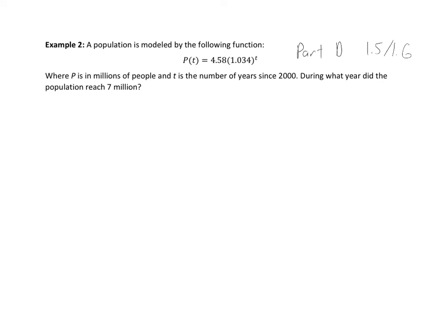And here we're saying this population is in millions, and t is the number of years since 2000. So during what year did the population reach 7 million? So what we want is P of t, the population, to be 7 million. So now we're trying to solve 7 equals 4.58 times 1.034 to the t.